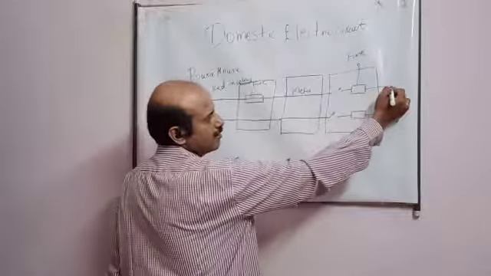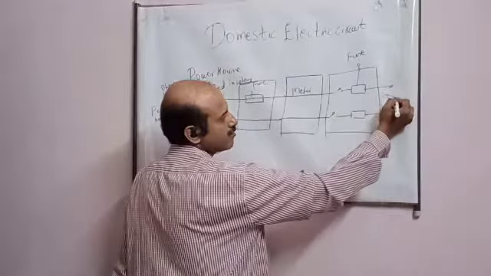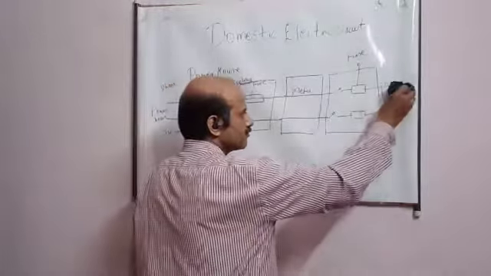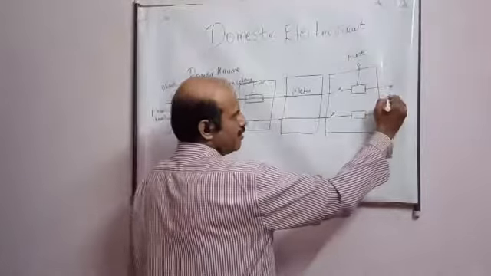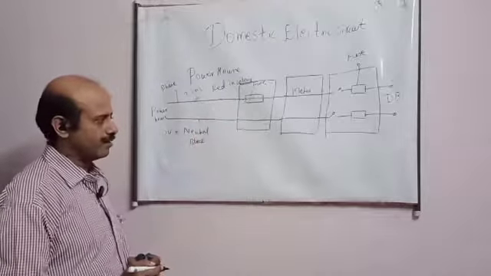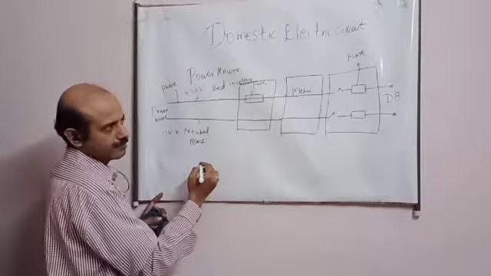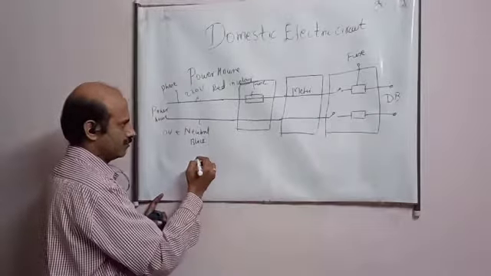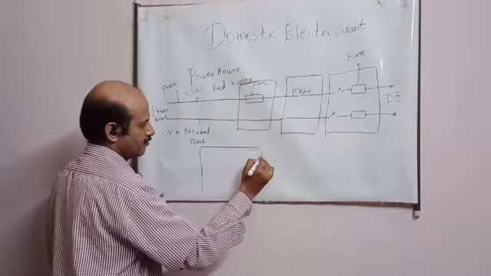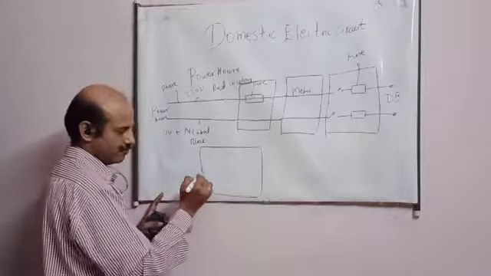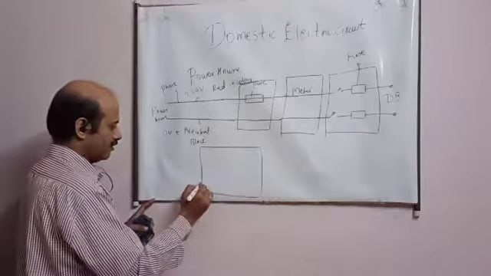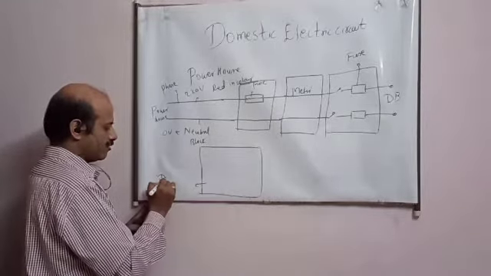Now, student, this goes to the distribution box. I am writing it here. DB means distribution box. That box, student, I am drawing it again here. This is the distribution box.